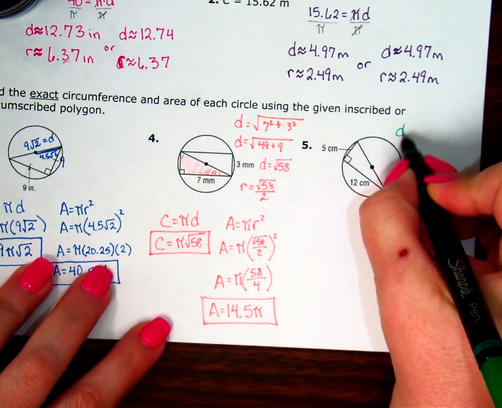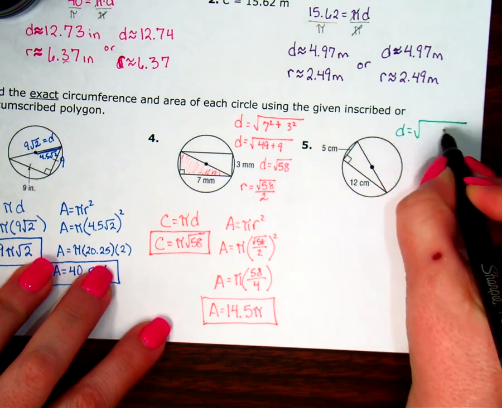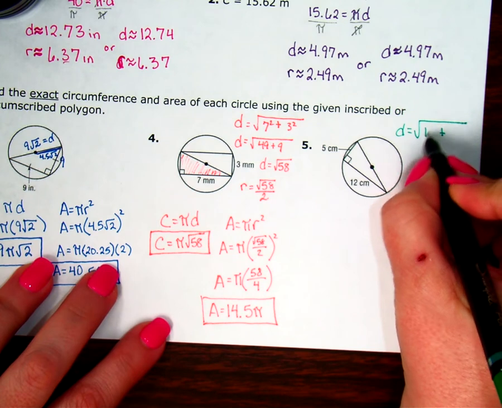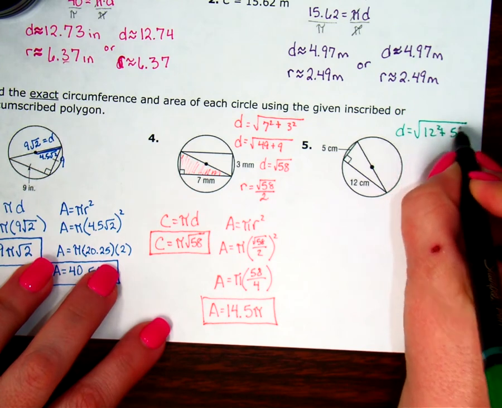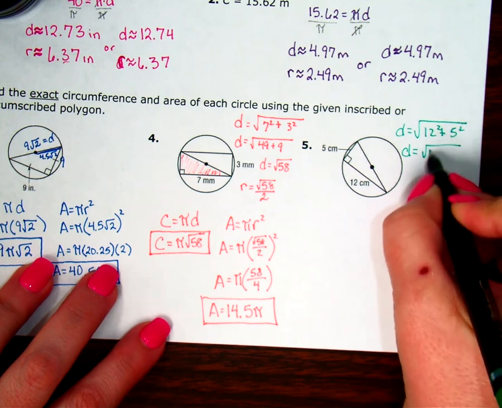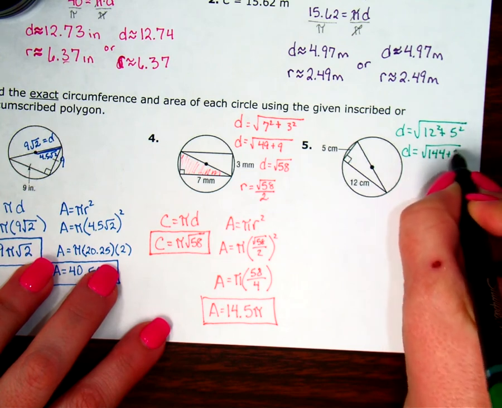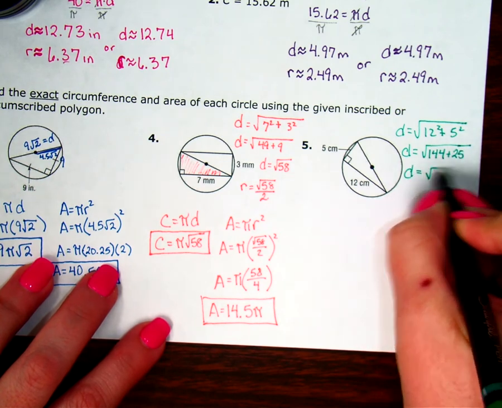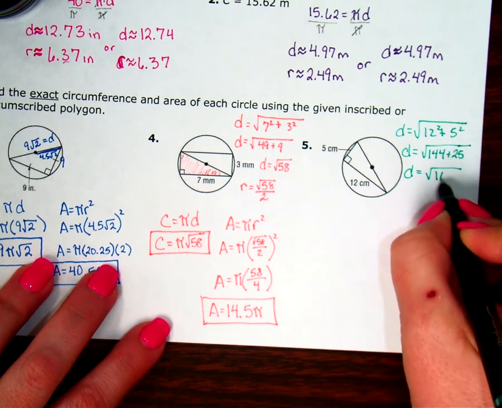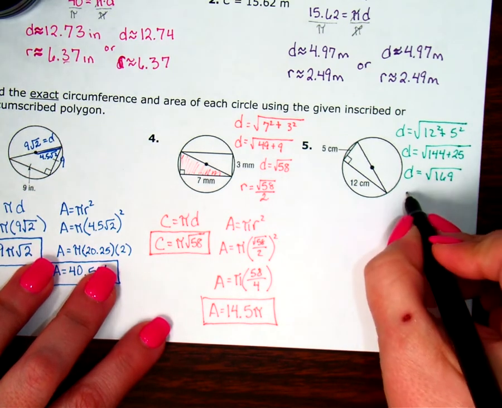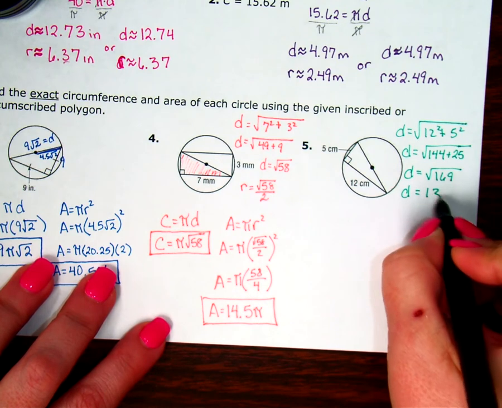So my diameter equals the square root of 144 plus 25. Now that is a perfect square. When I square root, I end up with my diameter is just 13.